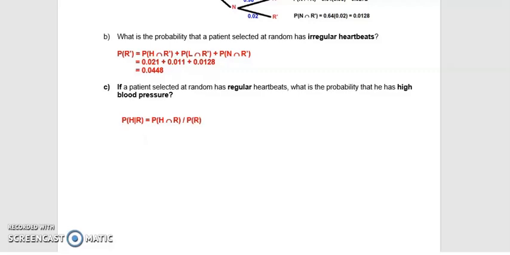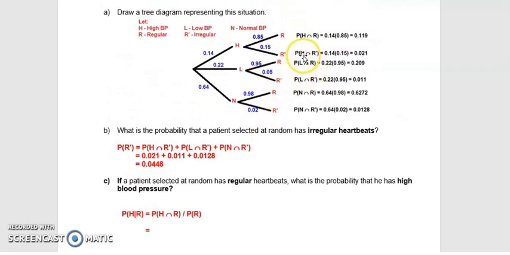The probability of H intersect R is 0.119, divided by the probability of R. In question B, we have the probability of R prime. So how to find the probability of R? Either you use the complement rule or you add this part. We want R only, so you add 0.119 plus 0.209 plus 0.6272 for regular heartbeats.